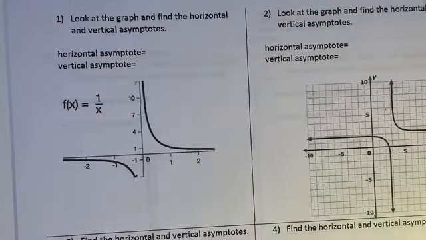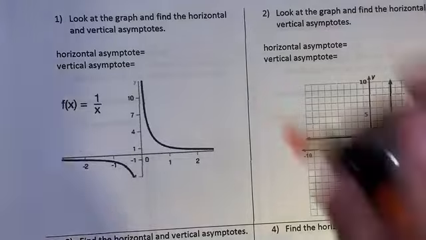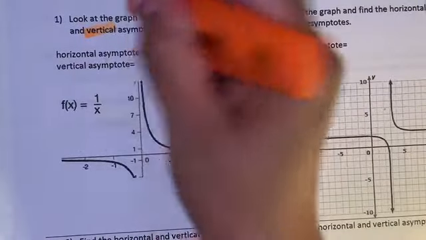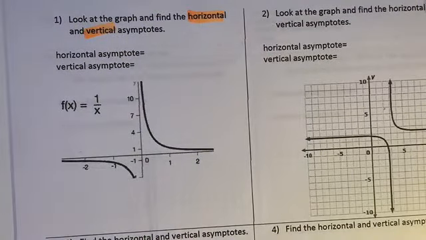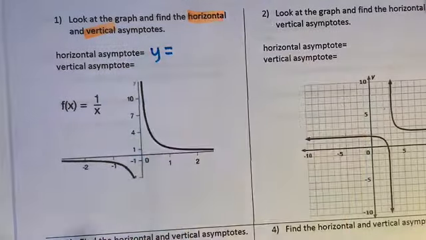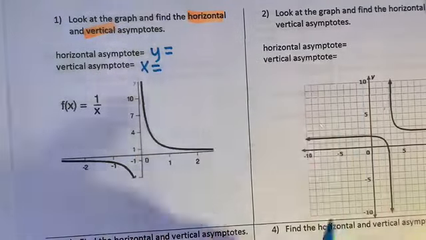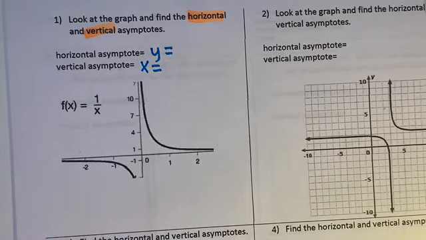Okay, look at the graph and find the vertical and horizontal asymptotes. So it's asking for horizontal and vertical. So again, we want to restate what we know. We know that a horizontal is going to be y equals, and we know our vertical is going to be x equals. So let's look at a horizontal.